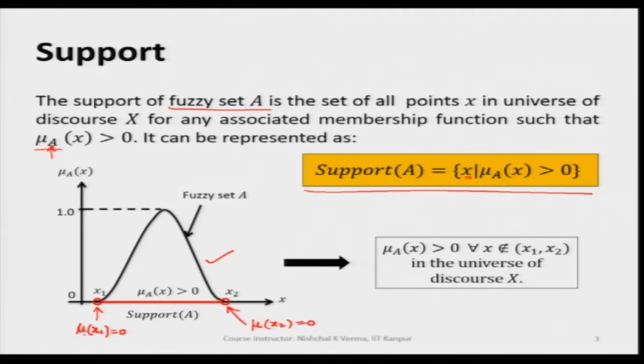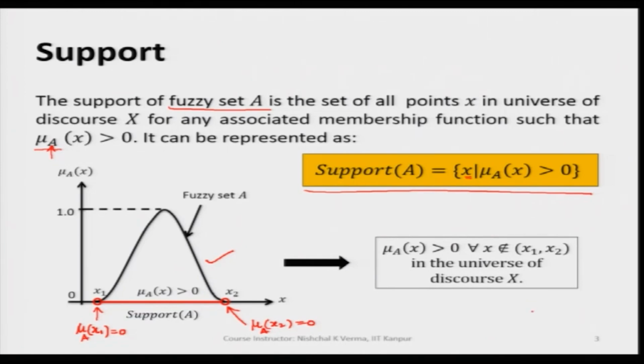I will be writing A here and A here, because we have taken a fuzzy set A, and this mu corresponds to the fuzzy set A. So, that is why mu A has been written. Now these 2 points x 1 and x 2 will be excluded from all the values of x which have membership values more than 0. So, x 1 and x 2 will not be covered in the support of a fuzzy set.